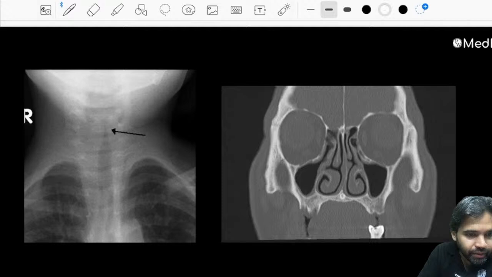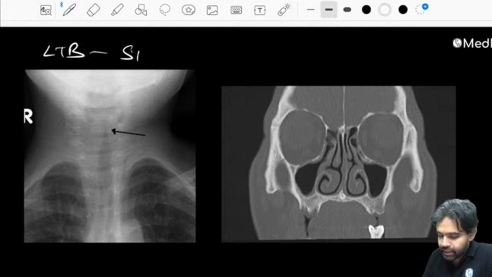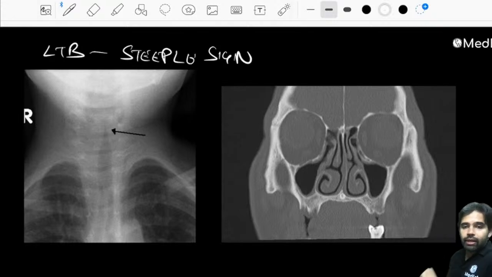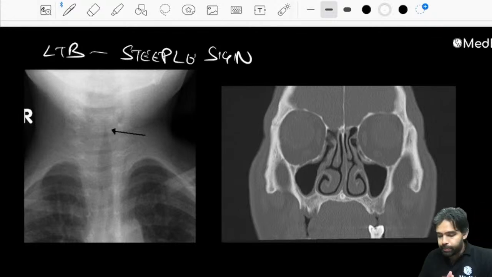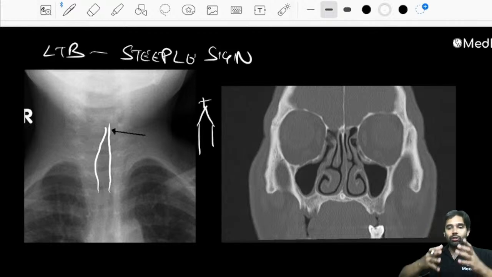Somebody was asking, I think Kavi was asking about this laryngotracheobronchitis. Here you see the very classical steeple sign. This exact image has been asked at least 3 times in your PYQs. What is a steeple? Steeple is a church steeple. So when you see a church, you see a steeple on top, and this kind of narrowing is seen in laryngotracheobronchitis because of growing edema.